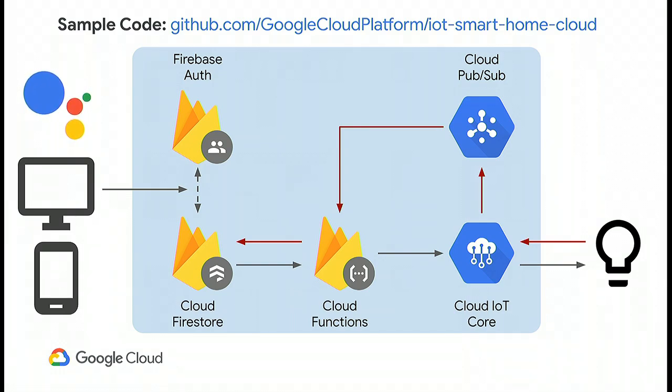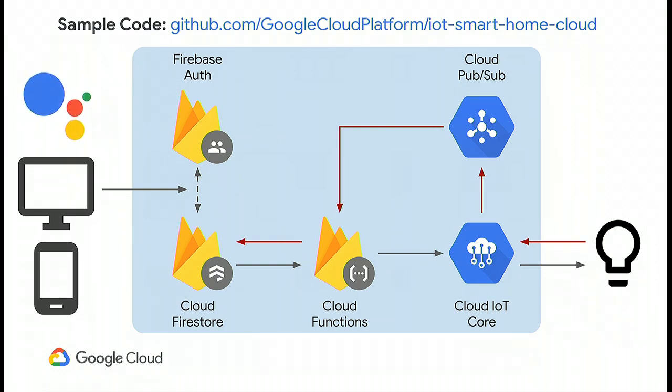Now, in this example, devices report their current state through IoT Core, which then bridges that data into PubSub and through to Cloud Firestore.